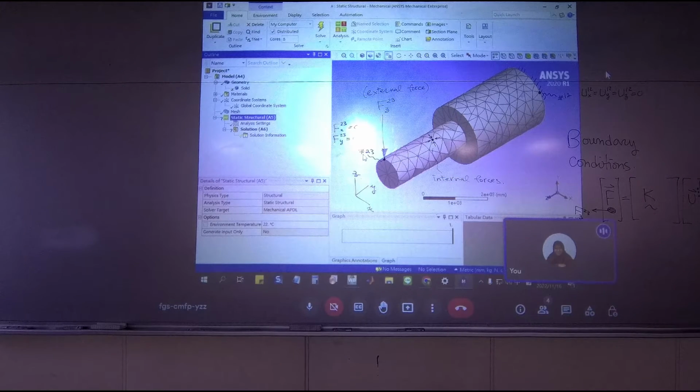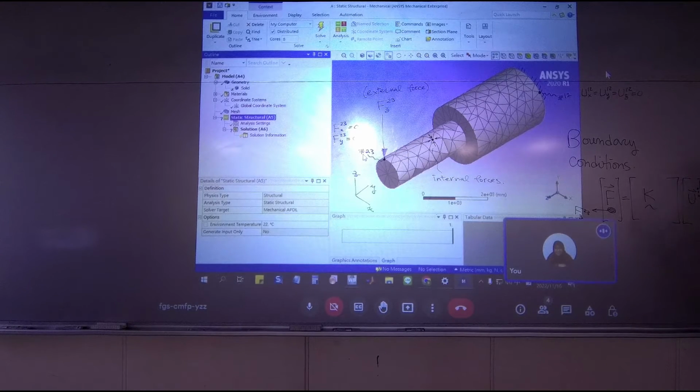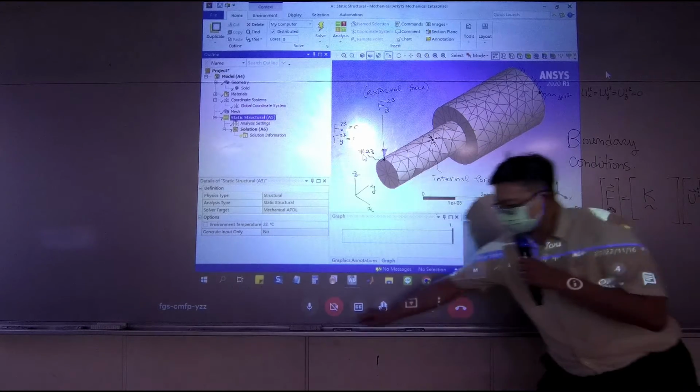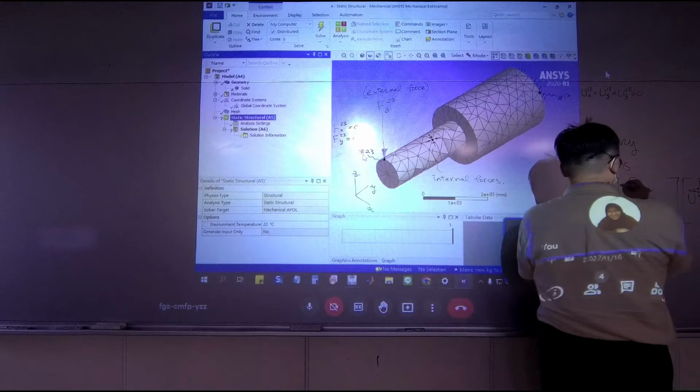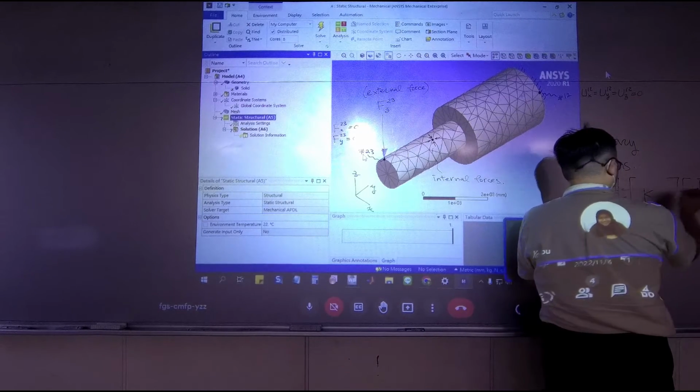So inside ANSYS, some information in the F vector will be known based on your formulation, based on your assignment. Some information will be known in the degree of freedom vector. So ANSYS will try to solve for these 3 numbers, the corresponding 3 numbers.